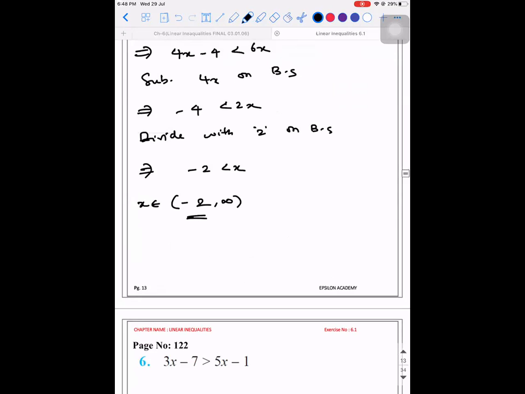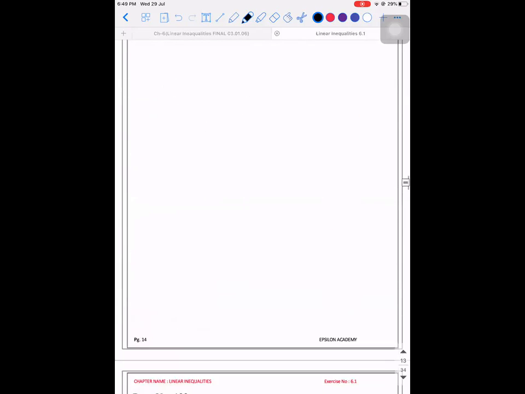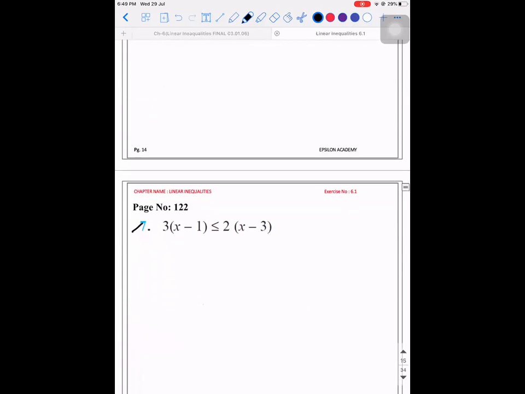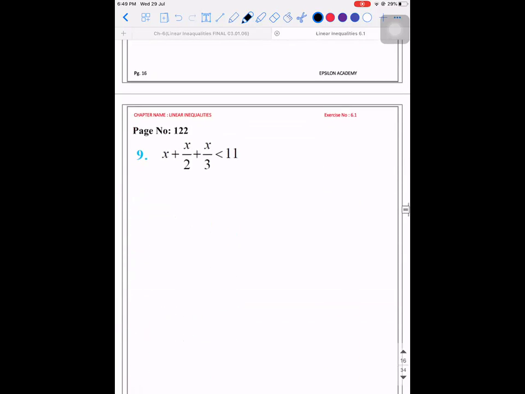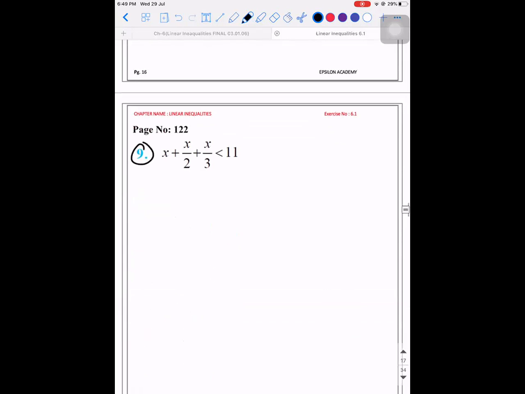Okay. So the sixth one you people can do. The seventh you can do. The eighth you can do. Let us do the ninth one. So x plus x by 2 plus x by 3.